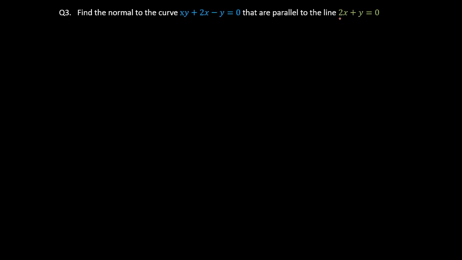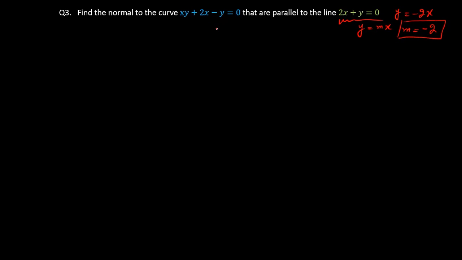So we can compute the slope of the normal line from this line. Convert this into y equals mx, and from here we can see that y is equal to minus 2x and our slope is minus 2. Now in the next step we are going to find the tangent line by differentiating this curve.